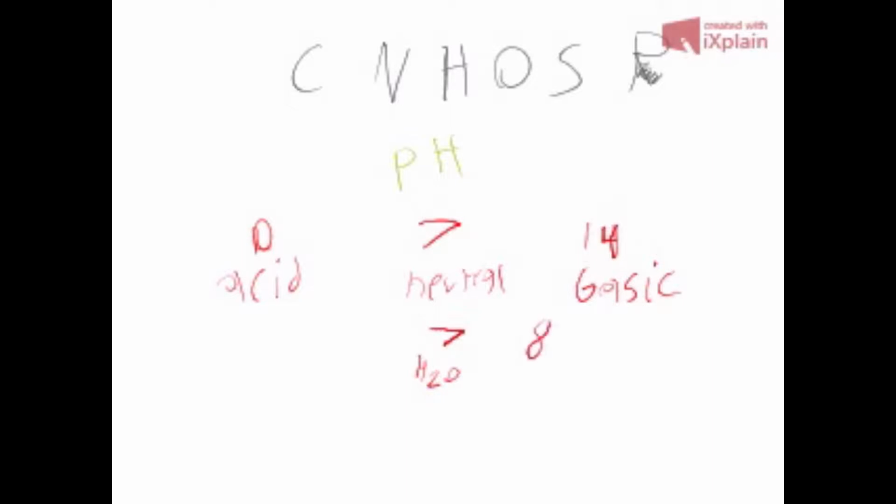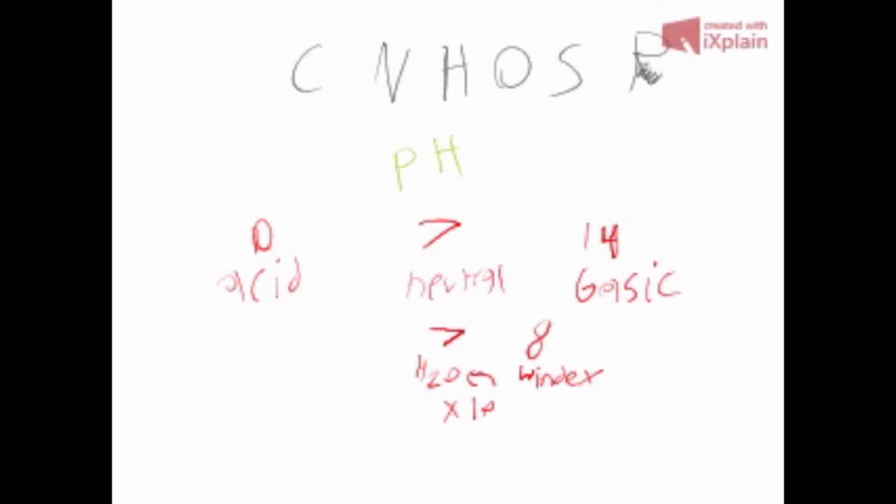For the sake of the example, let's say this is Windex, though I think Windex is more basic. Anyway, that's beside the point. So what the logarithmic scale means is that the Windex is 10 times more basic than H2O.